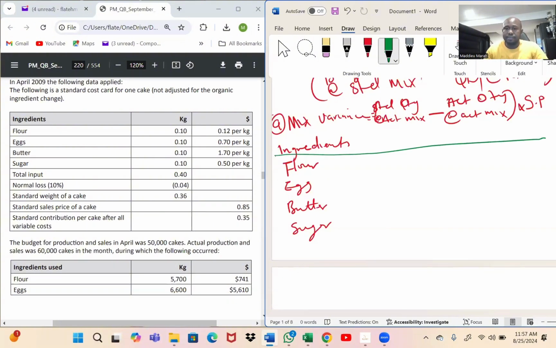My second table, I will have my first formula, standard quantity at actual mix. My next table, I will have my actual quantity at actual mix.